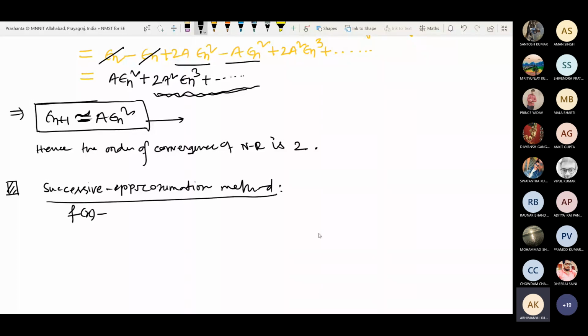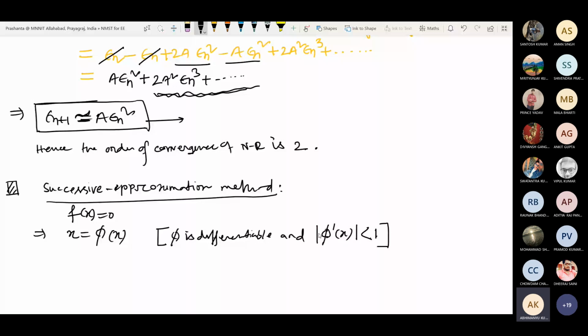Suppose the equation is f of x equals 0. We write this equation as x equals phi of x. Now, what kind of phi is this? Phi has to be differentiable, and the derivative of phi, phi dash x, should be less than 1 in the considered interval.